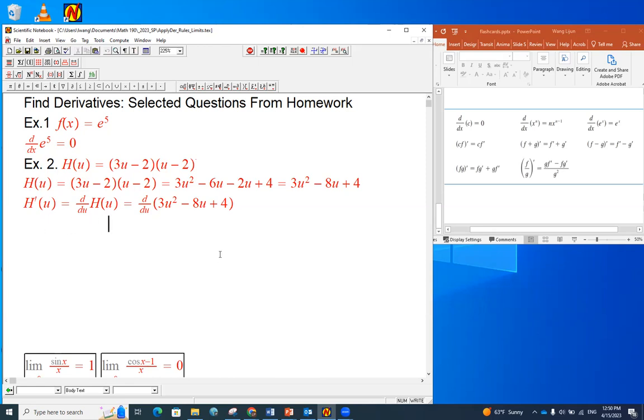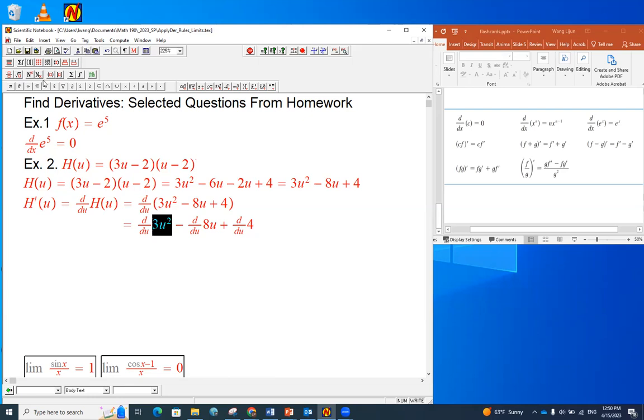And what do we get, right? According to the addition subtraction rule, we can differentiate individually: the derivative of 3u squared, the derivative of 8u, the derivative of 4. You can see that's applying the rule of derivative on addition and subtraction.